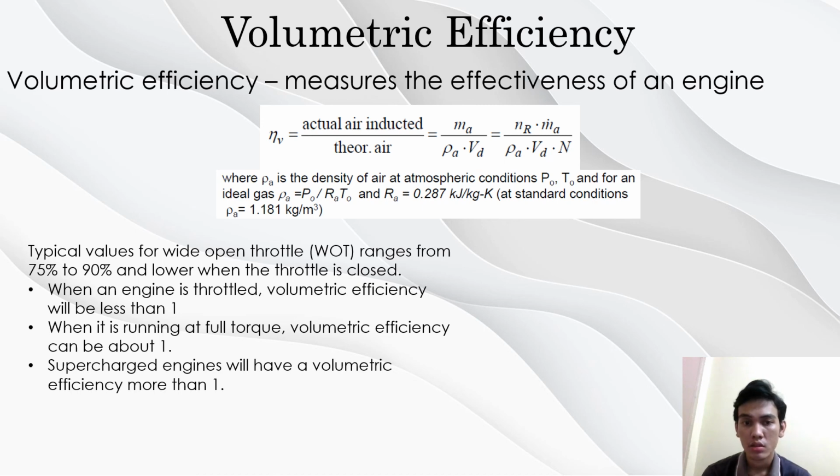When an engine is throttled, the volumetric efficiency will be less than 1. When it is running at full torque, volumetric efficiency can be about 1. Lastly, supercharged engines will have a volumetric efficiency of more than 1.